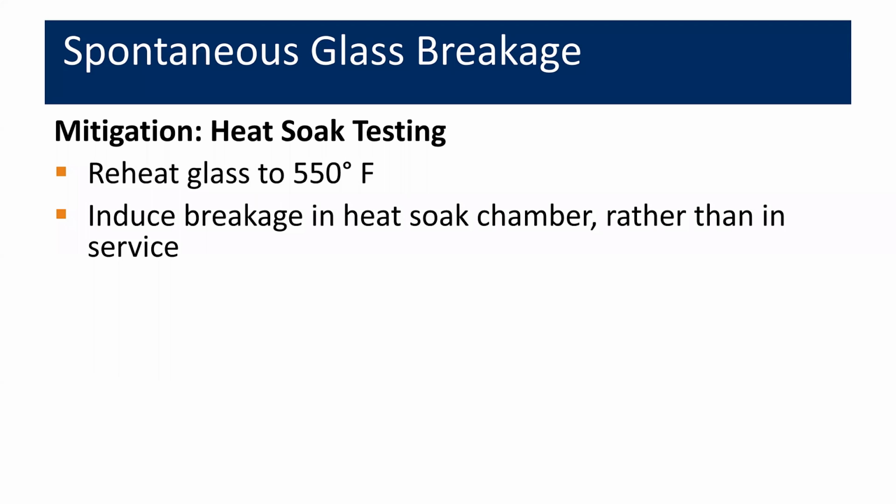It involves reheating the glass to about 550 degrees Fahrenheit because cumulative exposure to heat will catalyze the transformation of the nickel sulfide inclusion from its alpha to its beta form, causing it to expand, resulting in breakage in the heat soak chamber rather than on the side of the building.